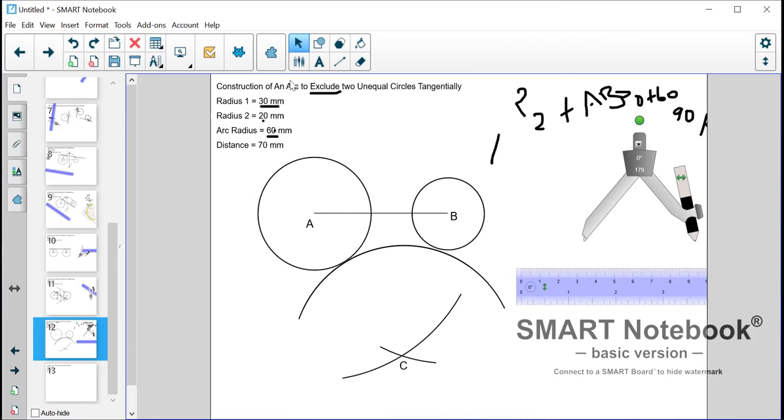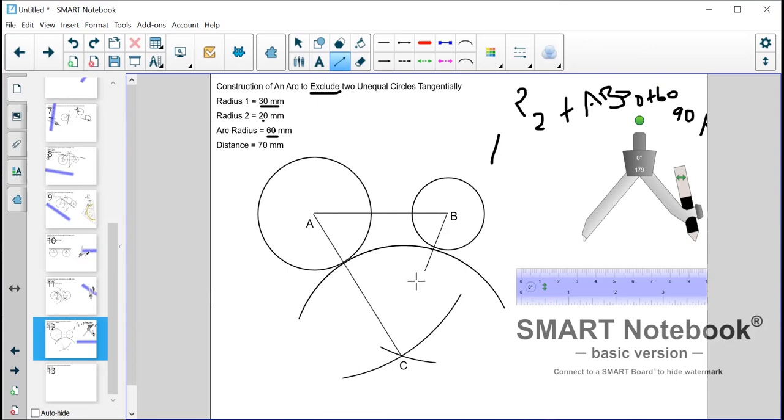Now, let me just remind you again, this is the whole idea behind it. From this center to C is supposed to be 90, because you add 60 plus 30, that gives you 90. On this side, you add 20 and 60, that gives you 80.